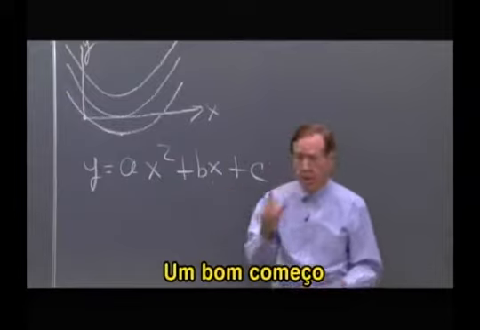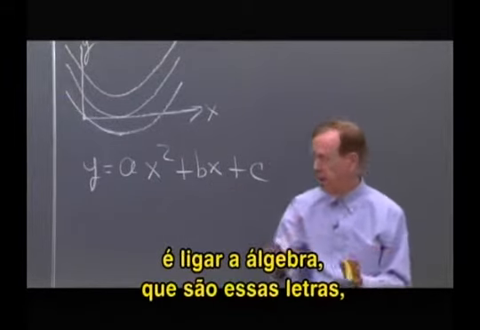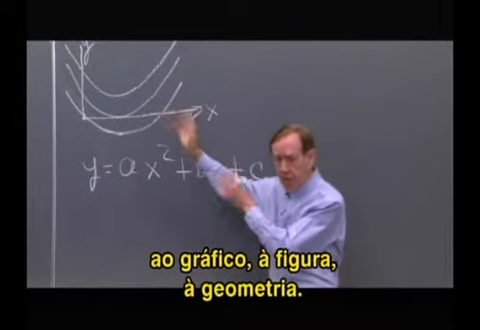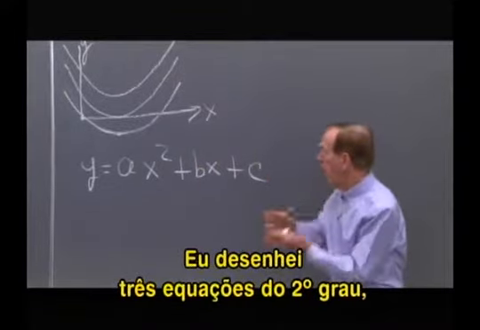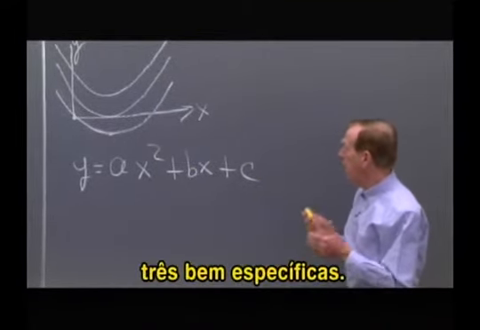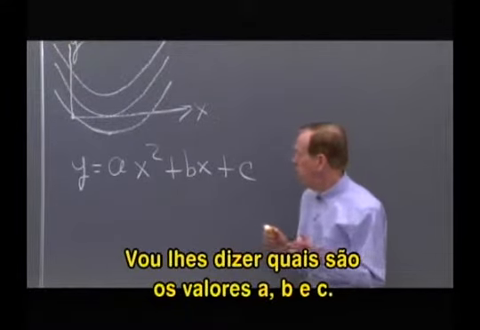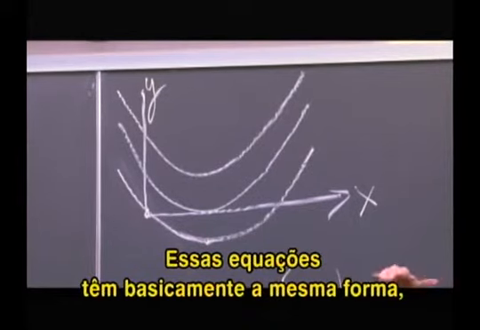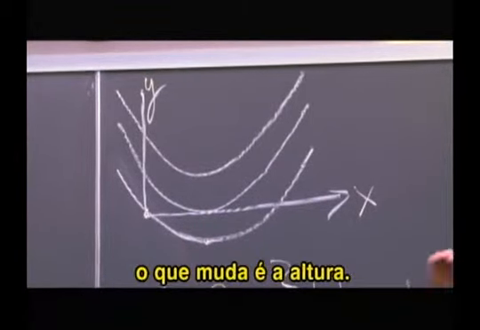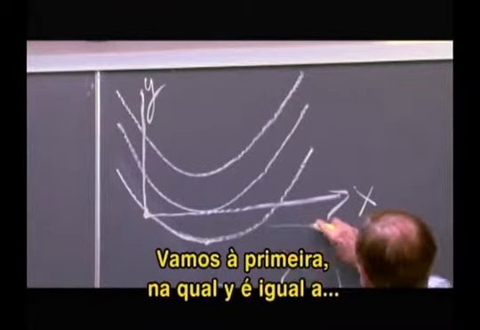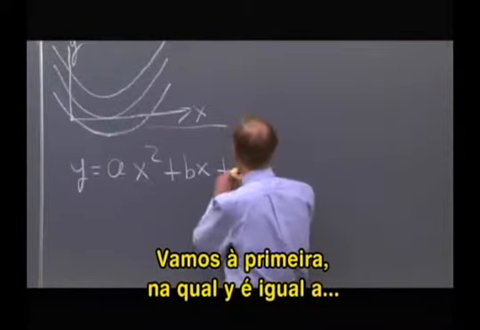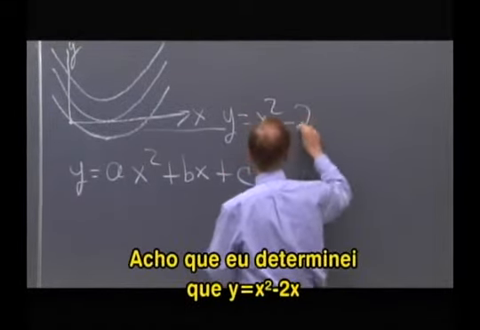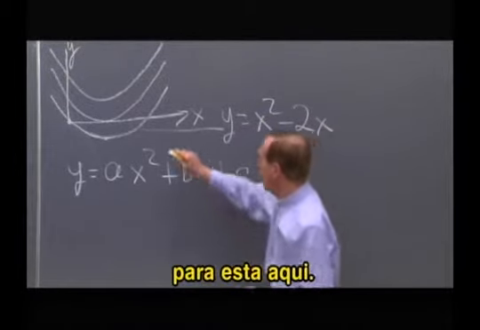Okay, so a good start is to connect the algebra, these letters, to the graph, the picture, the geometry. So I've drawn 3 quadratics up there, 3 particular ones. Let me tell you what the a and the b and the c are. You see that those quadratics are almost the same shape, just lifted up. So this first guy is y equals, I think I picked x squared minus 2x for this one.